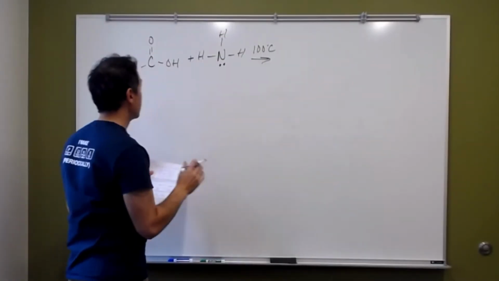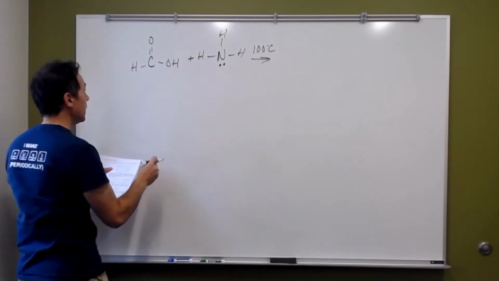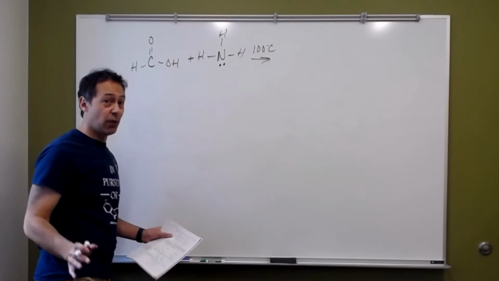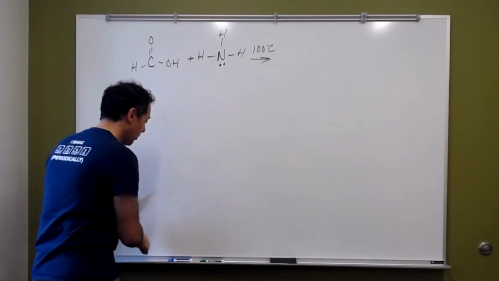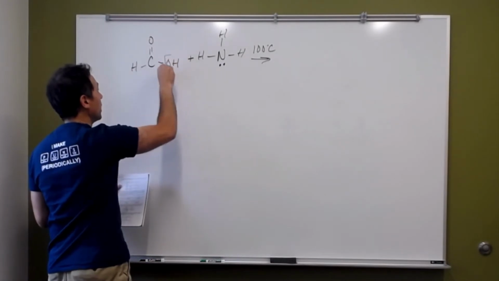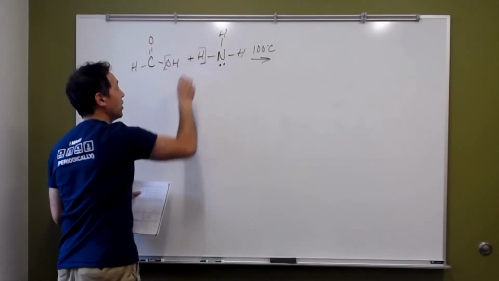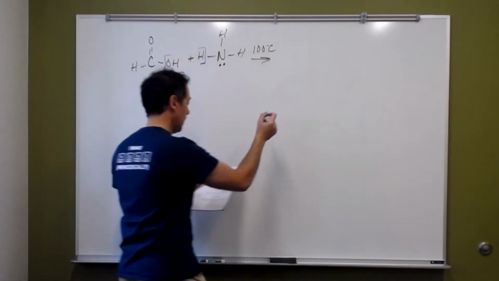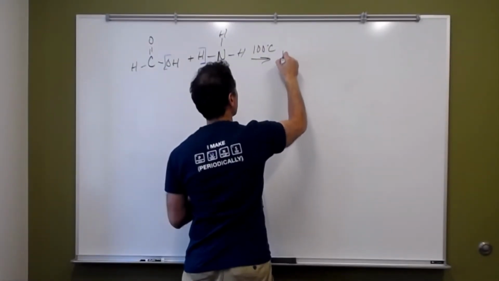And then with this, what's going to end up happening is you might look at this and go, oh my gosh, wait a minute, I've seen this before, where we could perhaps remove a hydroxyl group here and a hydrogen there. What would happen? Well, we'll end up with water over here.